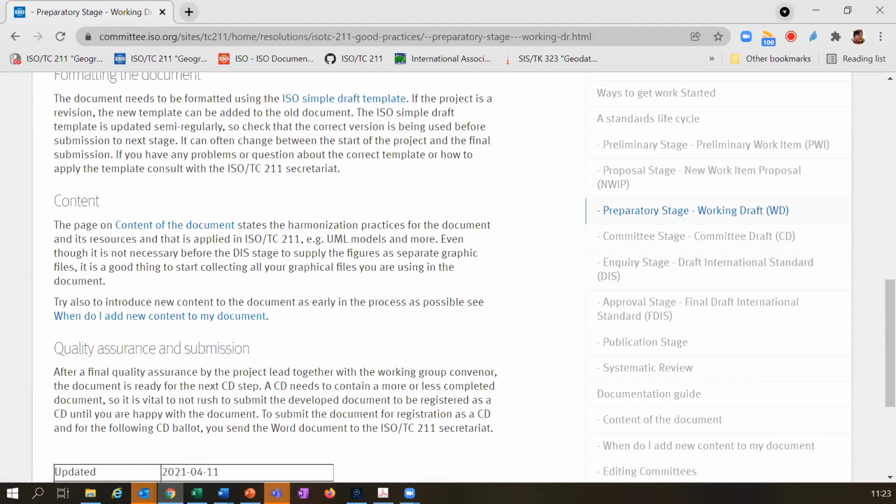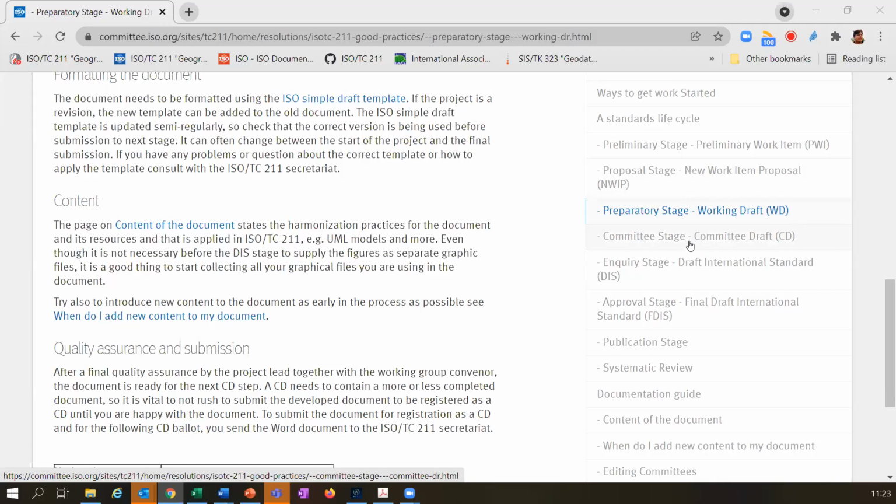So if you have been in the project and looking at the project, you would see that there's a 4-digit number naming where a document is placed. When it is in the preliminary stage, the PWI, it's usually either at 00.00 or 00.20, a little bit depending on how we note the project into ISO.